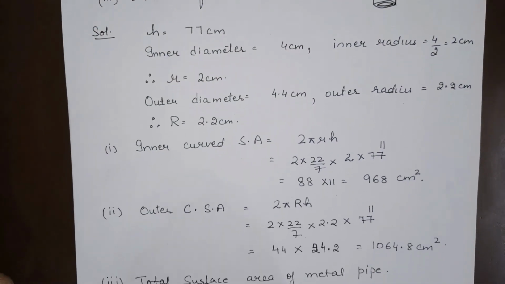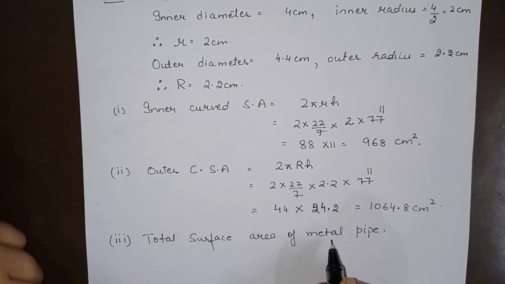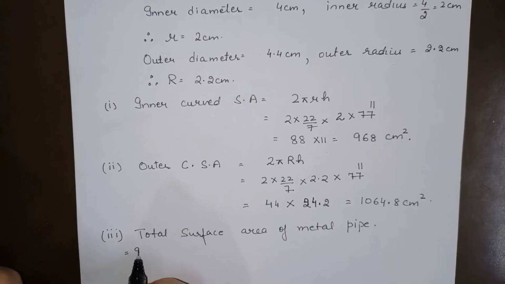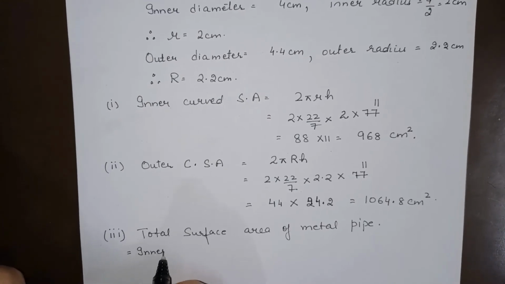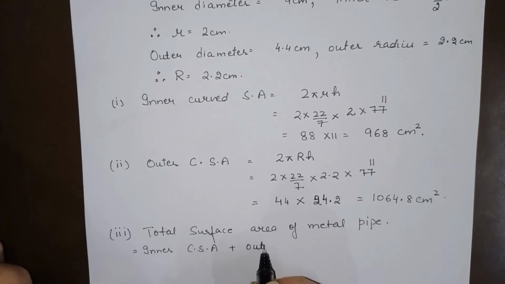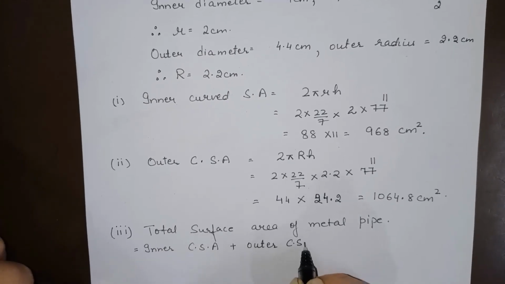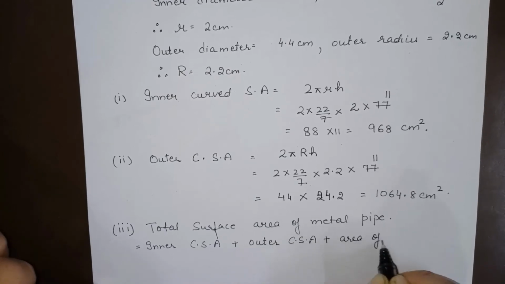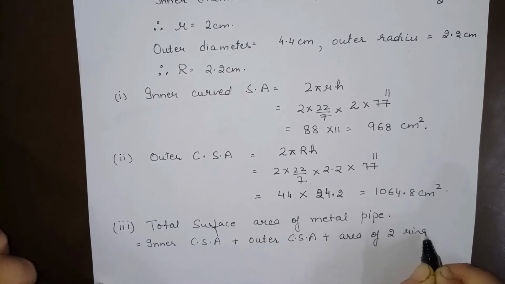So let us write the formula here. Total surface area of metal pipe will be inner curved surface area plus outer curved surface area plus area of two rings.